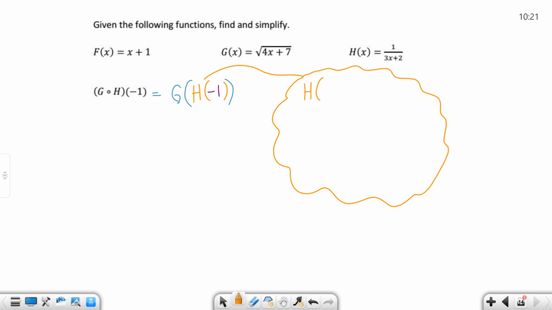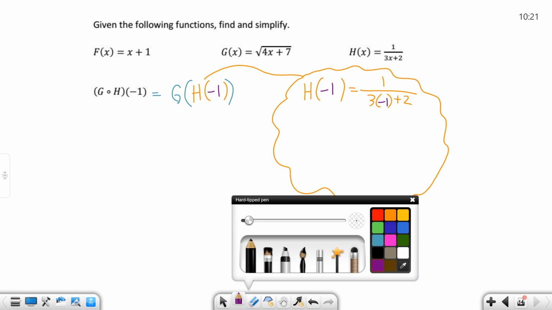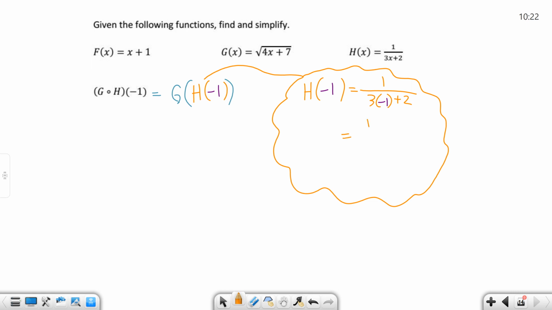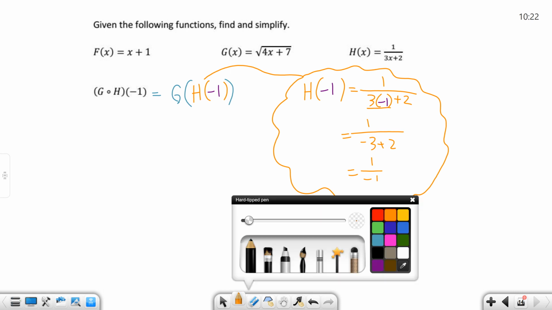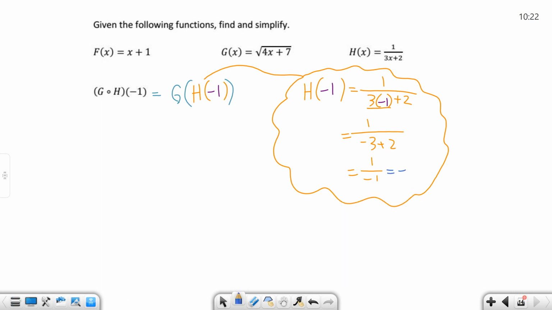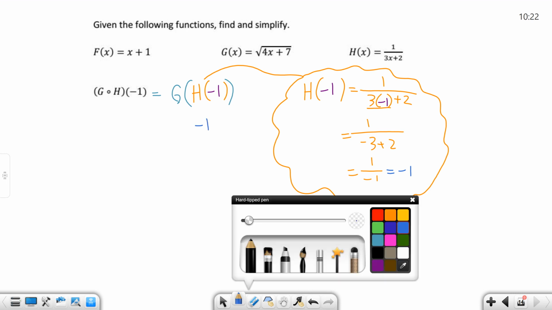So it's going to be h of negative 1 equals 1 over 3 times something plus 2. And that something is negative 1. Okay? So this is going to be 1 over negative 3, right? Do that plus 2. And that's going to be 1 over negative 1. And 1 over negative 1 becomes what? Negative 1, right?